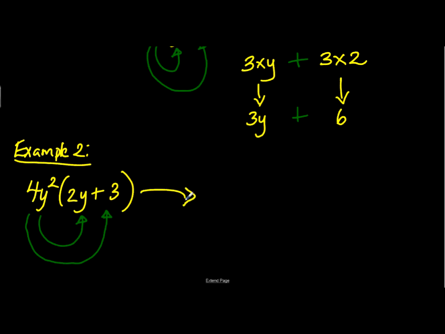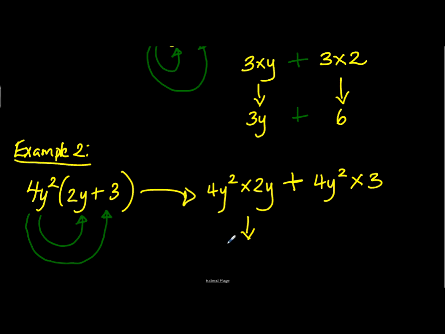Okay, so this will give us 4y² times 2y plus, because we've got an addition sign in the middle, 4y² times 3.